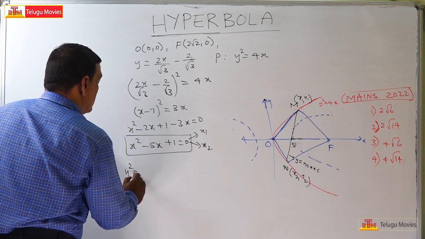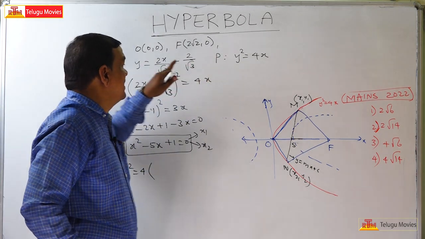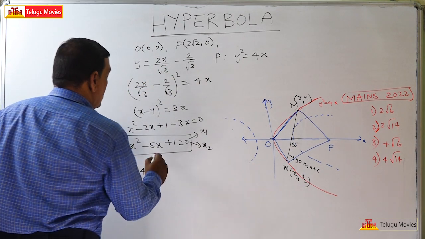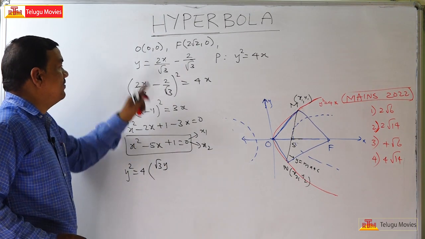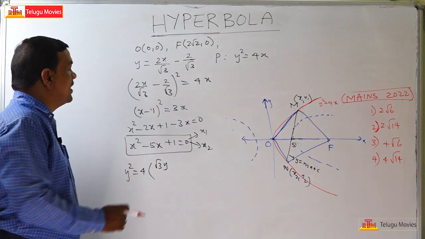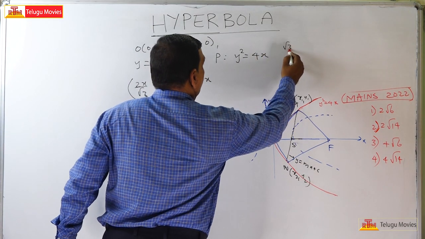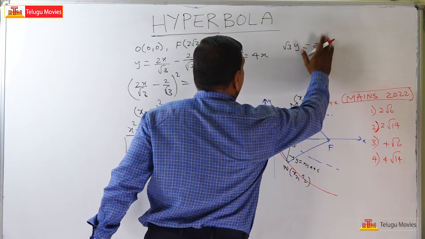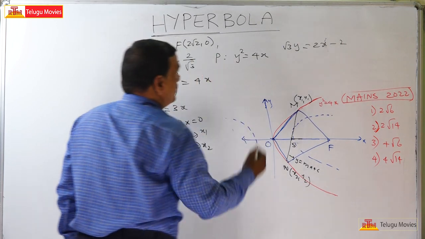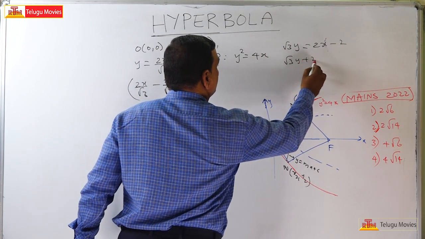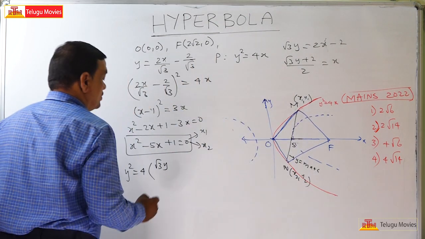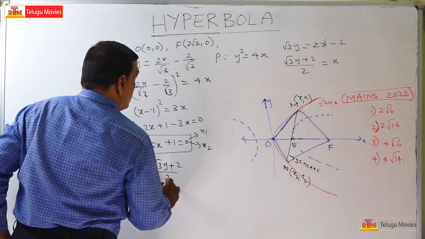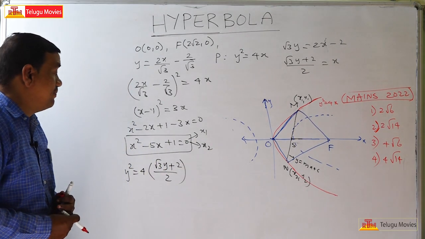So take the LCM root 3, cross multiplication, root 3y is equal to 2x minus 2, taking 2 common outside. So this is equal to (root 3y plus 2) by 2 is equal to x. So in place of x, substitute (root 3y plus 2) by 2.